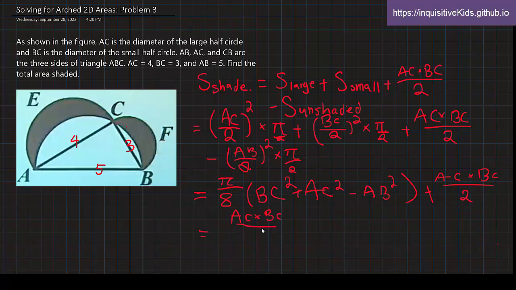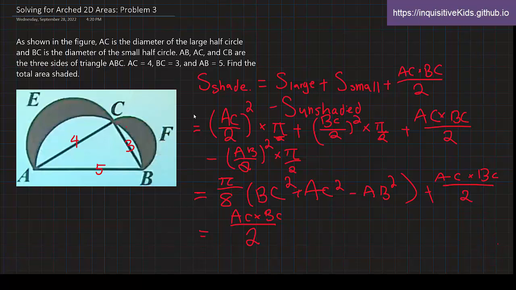But let's go back and reference this to the picture. What's AC times BC divided by 2? That's exactly the area of this triangle. And this is all equal to the one at the very beginning, the shaded area.